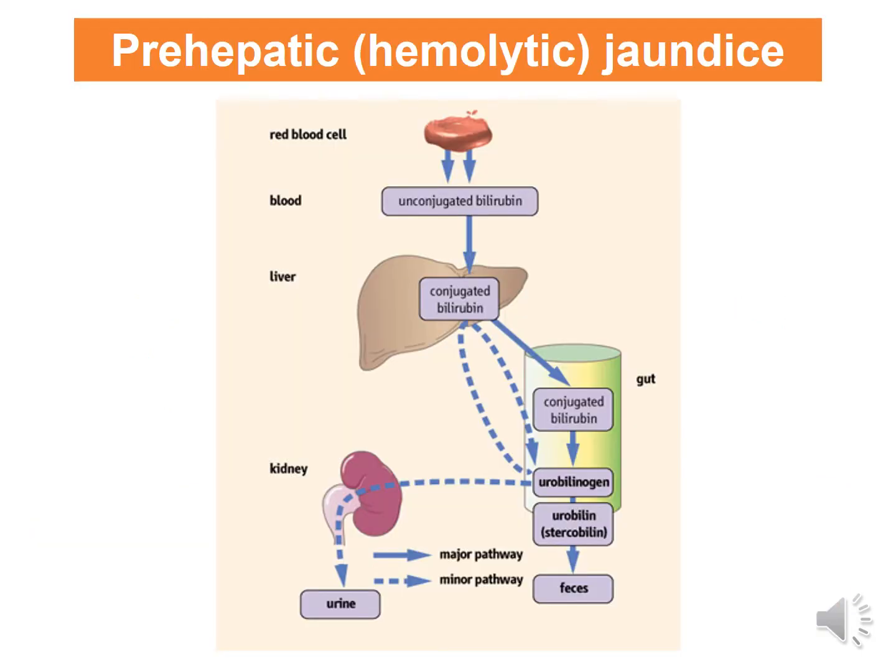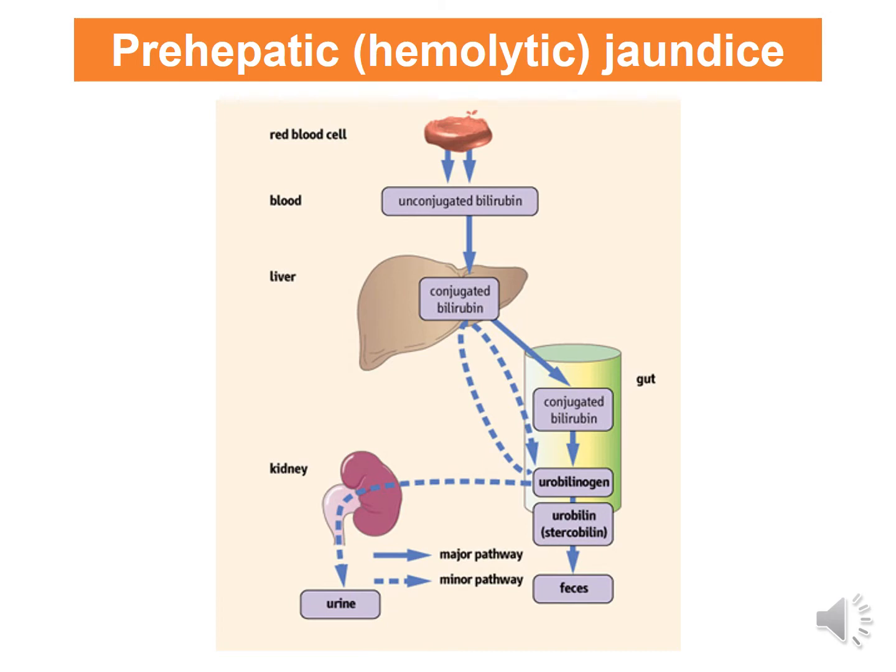The first type of jaundice is prehepatic or hemolytic jaundice. The liver has the capacity to conjugate and excrete more than 3 grams of bilirubin per day, whereas the normal production of bilirubin is only 300 mg per day.